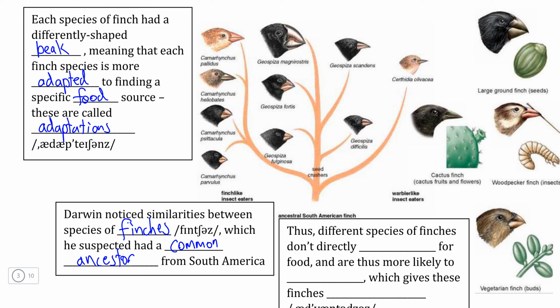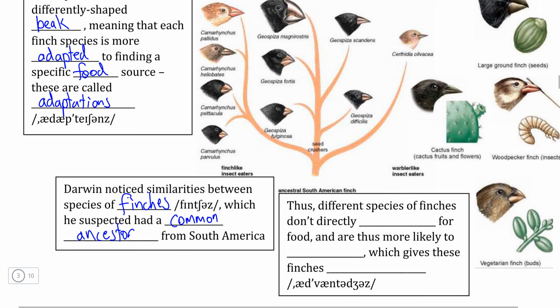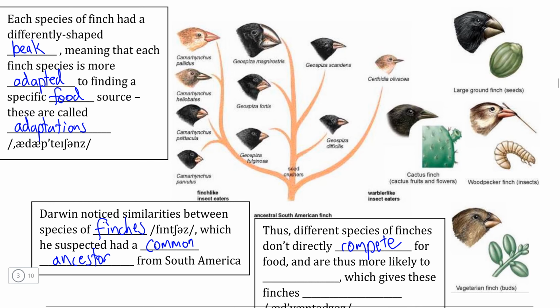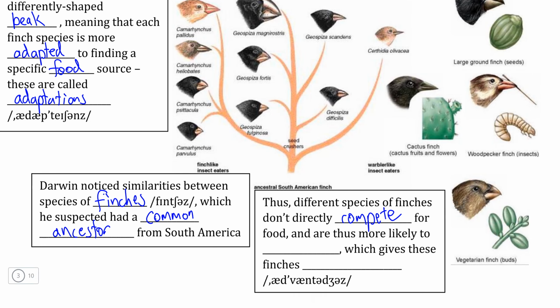Now, what Darwin was able to conclude from this simple observation is that because each species of finch has a different beak that makes it better adapted towards finding a specific food source, each different species of finch does not actually directly compete with each other, but instead each individual population is better adapted towards finding a specific food source.